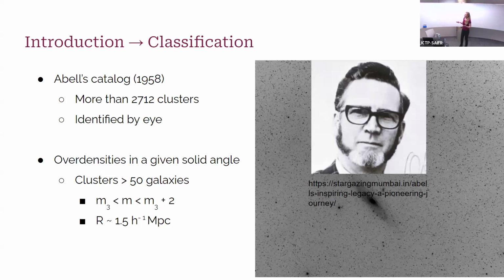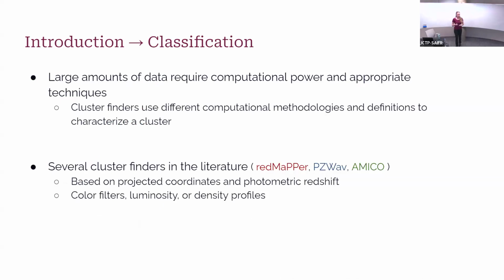In this classification, he said that a cluster will have more than 50 galaxies within the magnitude range from the third brightest galaxy, M3, to M3 plus 2, and with a radius around 1.5 megaparsecs. But at which distance do you look at those? It's close, I think, below 0.02. 0.2, sorry.